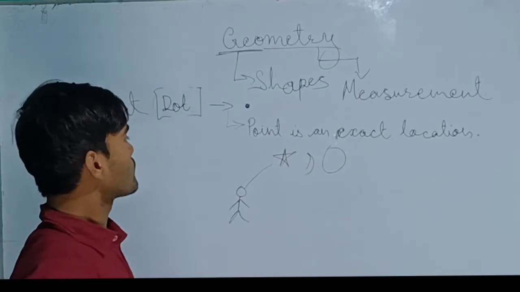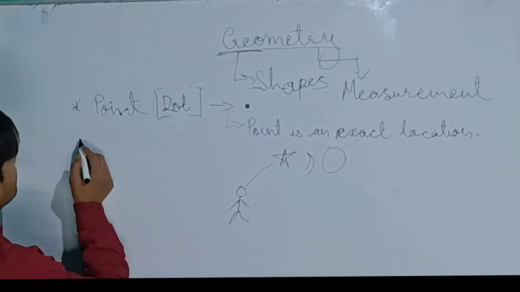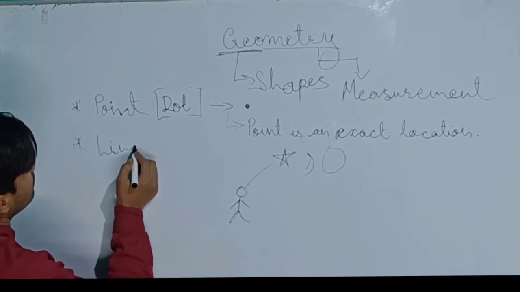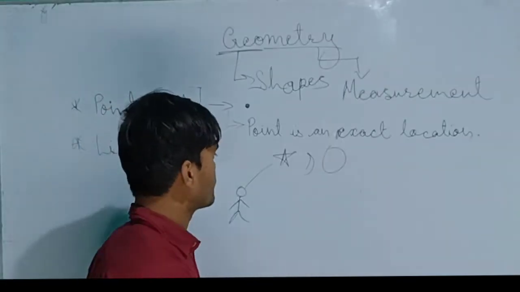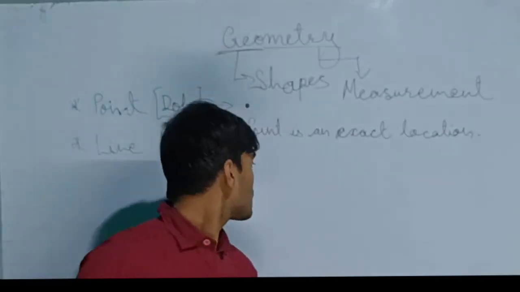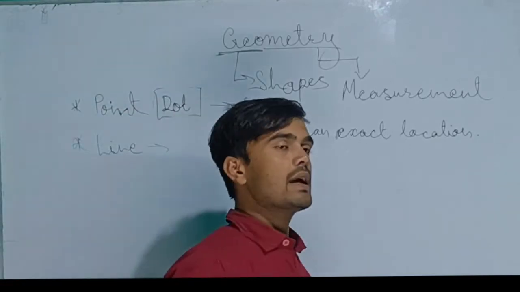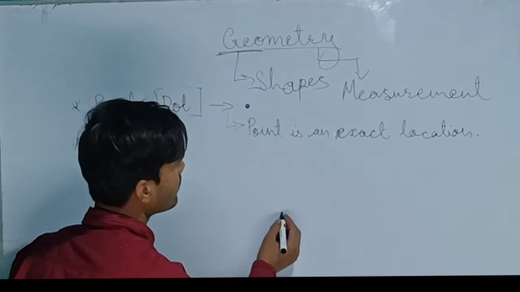Now we will go to the next topic, that is line. Now we will see what is a line. See here students, a line is a part of a point.